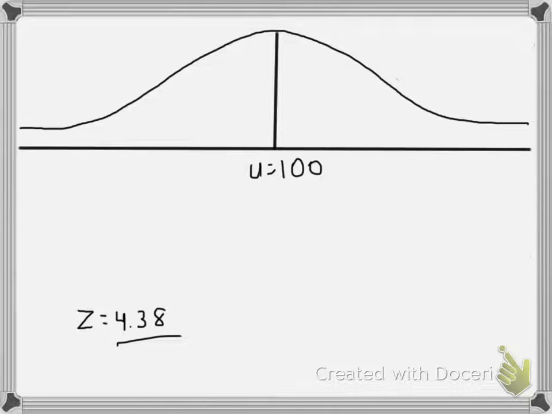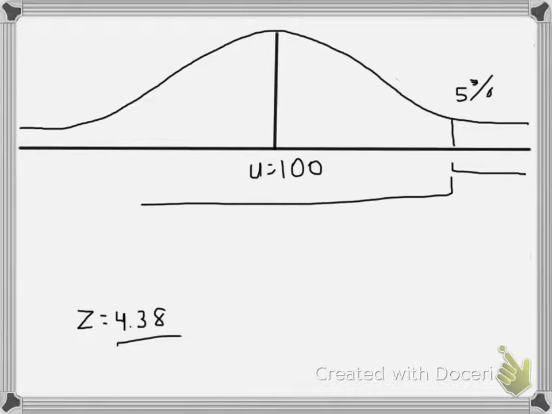We also know that our type 1 error, our level of significance, we're going to set at 5%. So by setting this side at 5%, we know that from here all the way down is going to be 95%.